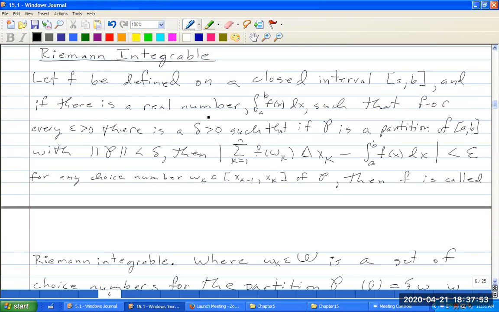If there is a real number, and we'll denote this real number the integral from a to b of f of x dx, such that for every epsilon greater than 0, there's a delta greater than 0, such that if P is a partition of the closed interval a b with the norm of the partition being less than delta, implying that the absolute value of the difference between the Riemann sum and this definite integral is less than epsilon, for any choice numbers W sub k of the partition P, then f is called Riemann integrable.